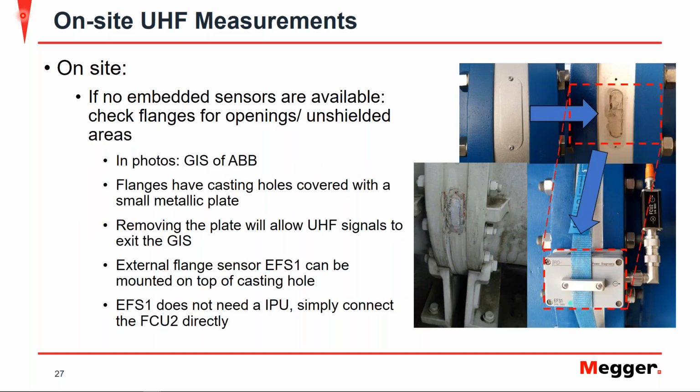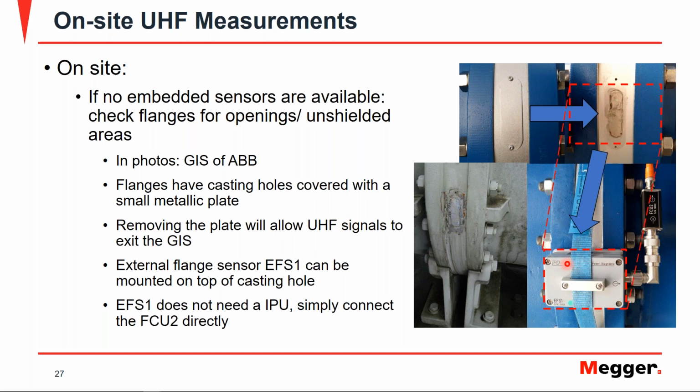Then finally, if you don't have either of those, the embedded or window sensors, check for unshielded flanges. Here we have an example of a GIS from ABB where, as we saw previously, this flange is shielded, but it has this kind of nameplate covering. We can remove this to reveal the epoxy insulation underneath.